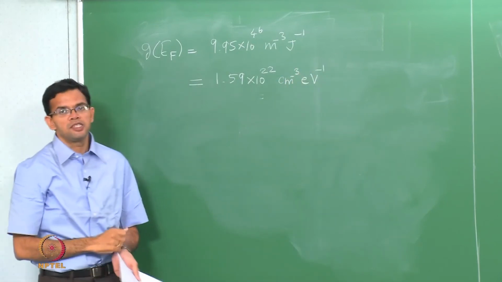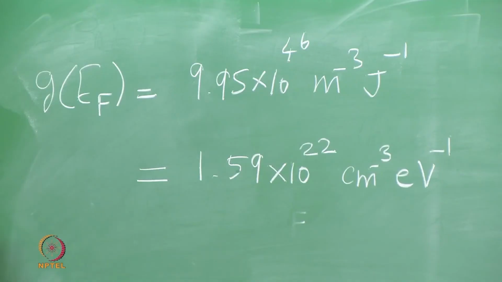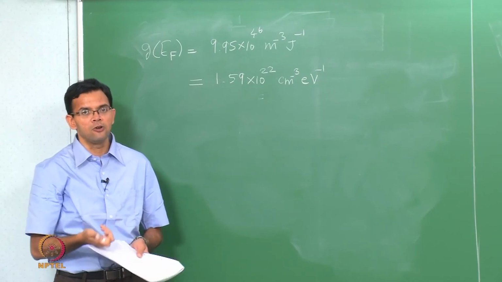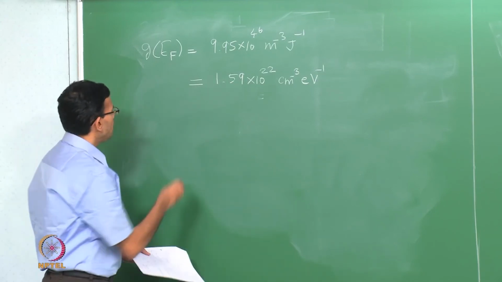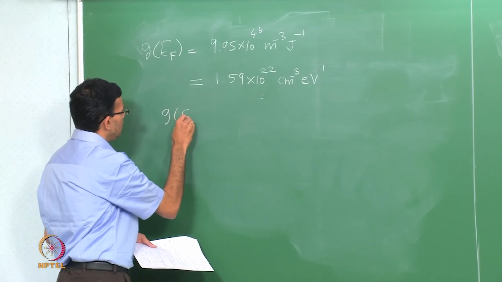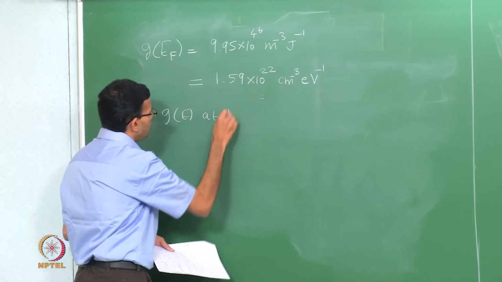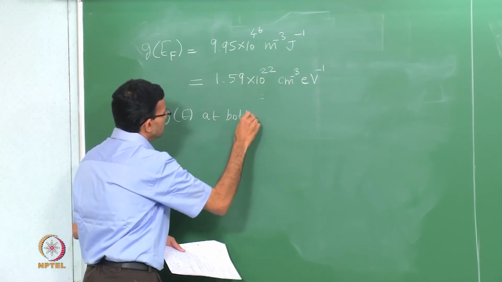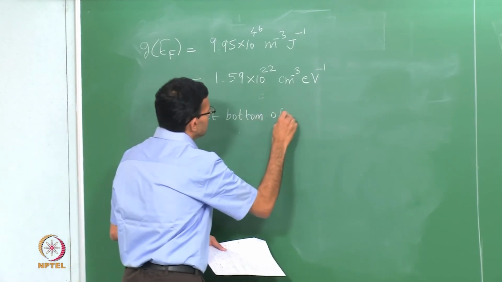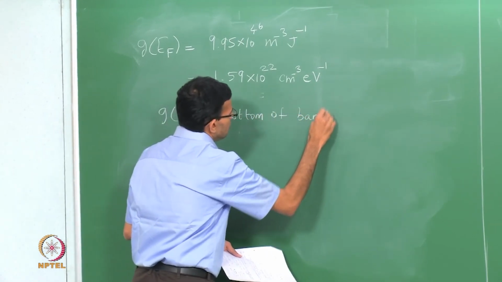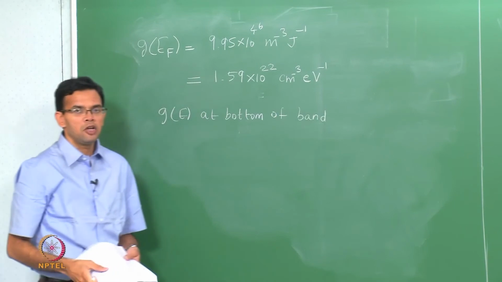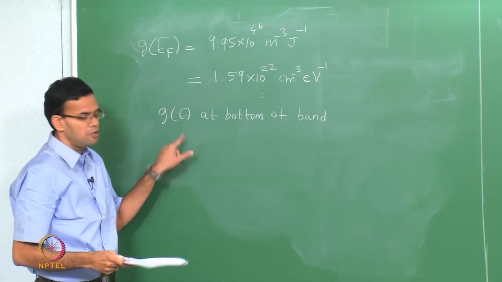Now EF represents the top of the band. We said at the bottom of the band the density of states is nearly close to 0. So if you want to calculate G of E at the bottom of the band, if E is equal to 0, then G of E is 0.